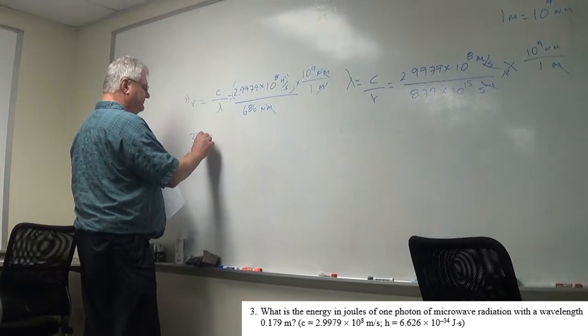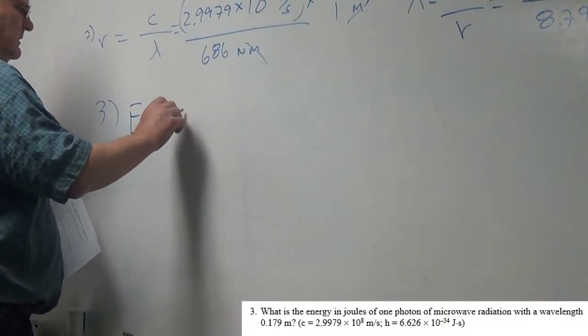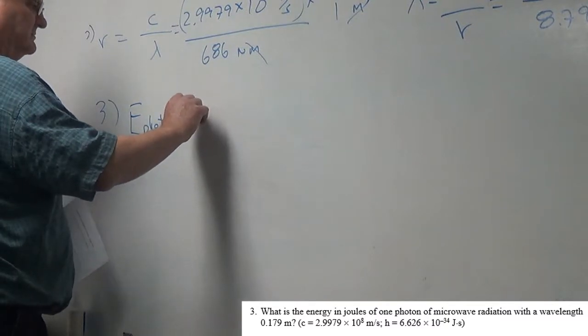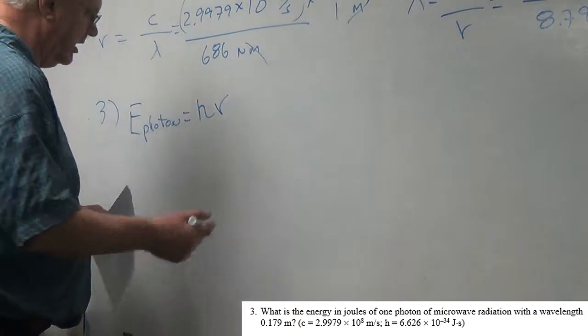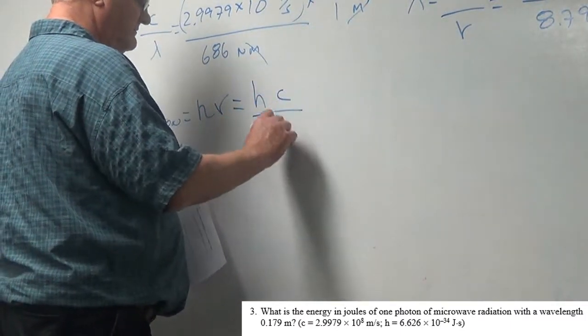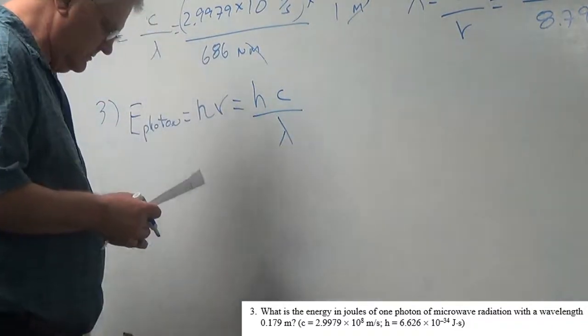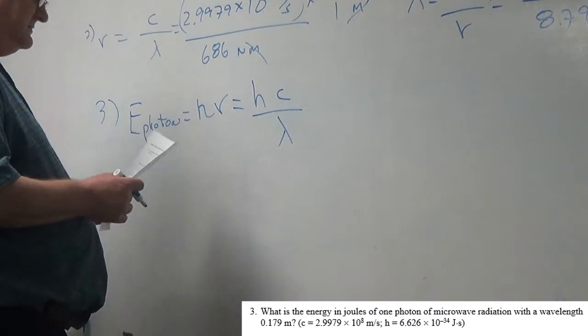So, the energy of a photon, again, is a very simple equation. It's equal to Planck's constant times nu, the frequency, or it's equal to Planck's constant times the speed of light divided by the wavelength. And the problem gives you the wavelength and the speed of light and Planck's constant.